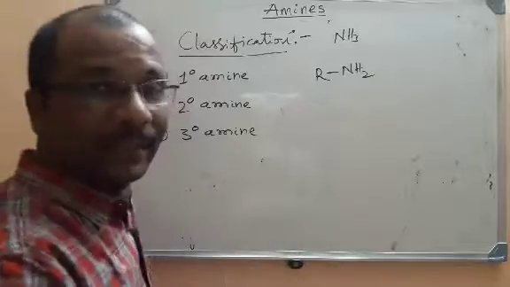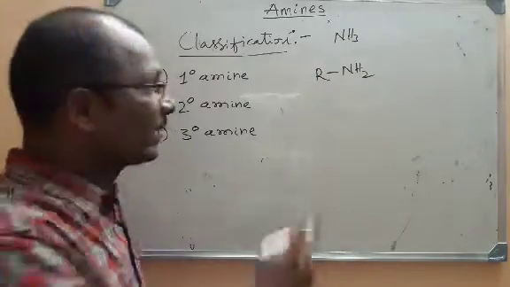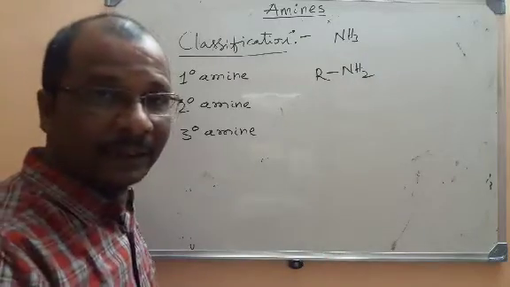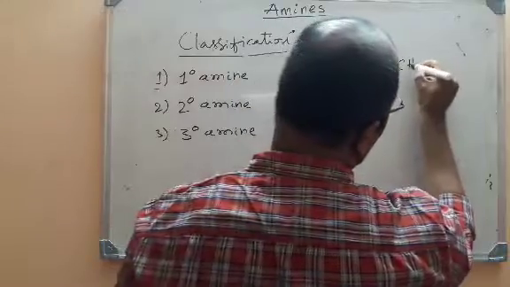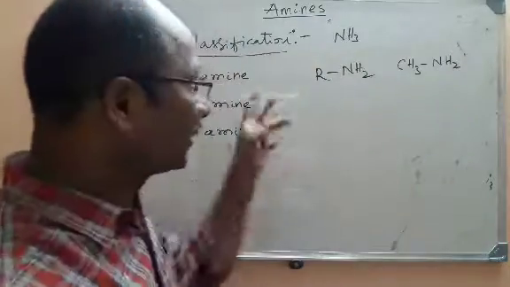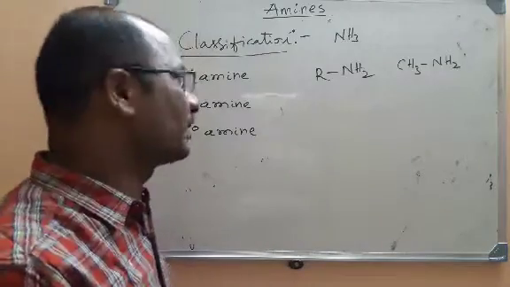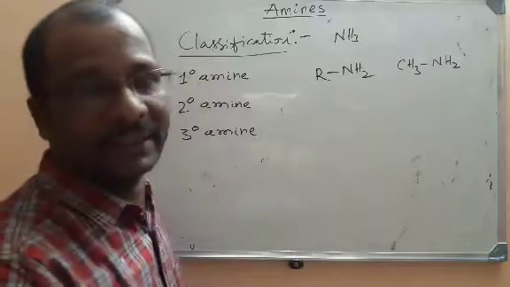So how is a primary amine obtained? By replacing one hydrogen of ammonia with either an alkyl group or an aryl group, the amine formed is called a primary amine. For example, I can write methylamine. I'll tell the nomenclature of all these molecules in the next part of the lesson. This is alkylamine. Here the example is methylamine. It's a primary amine.